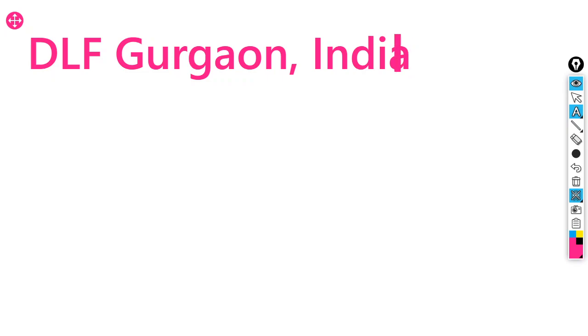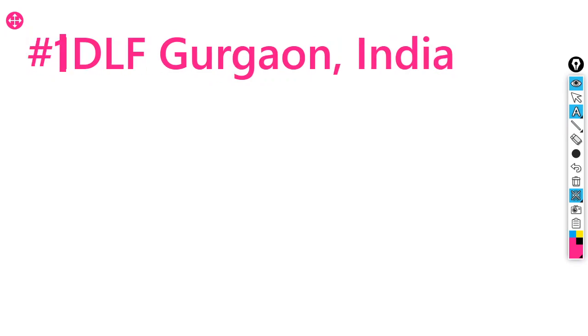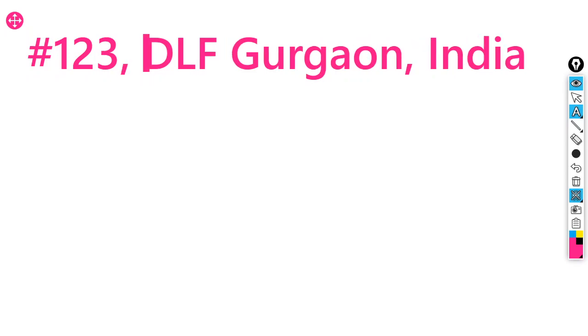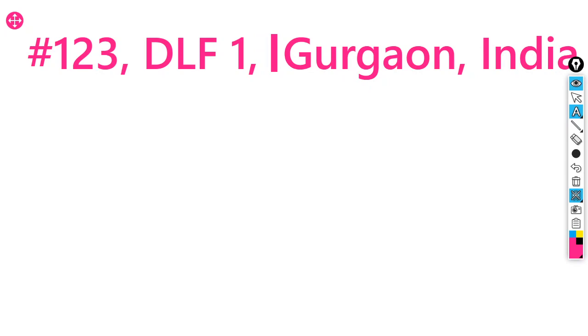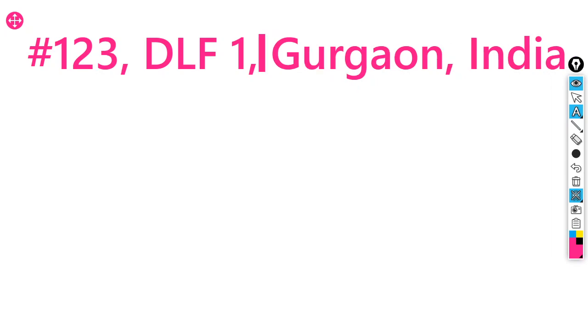And if I specify a house number, say the house number is 123, and DLF 1 Gurgaon, this is my address. If someone wants to find me, I can be found in this location, right?